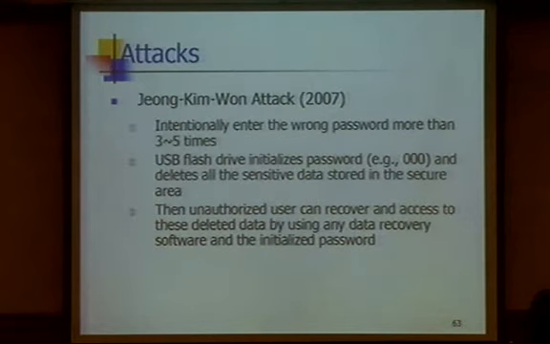And then the attacker can recover these deleted data by using any data recovery software which can be downloaded from the internet, and then by using the initialized password such as 000, access these secret areas and extract the user's private information.